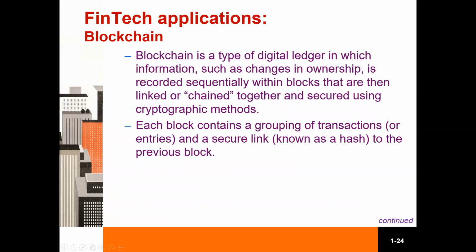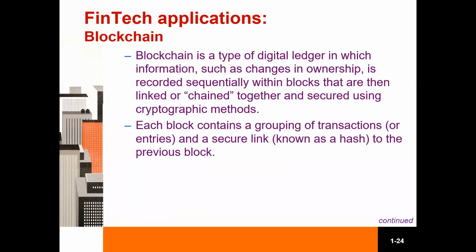The blockchain is a type of digital ledger in which information such as changes in ownership is recorded sequentially within blocks that are often linked or chained together and secured using cryptographic methods.